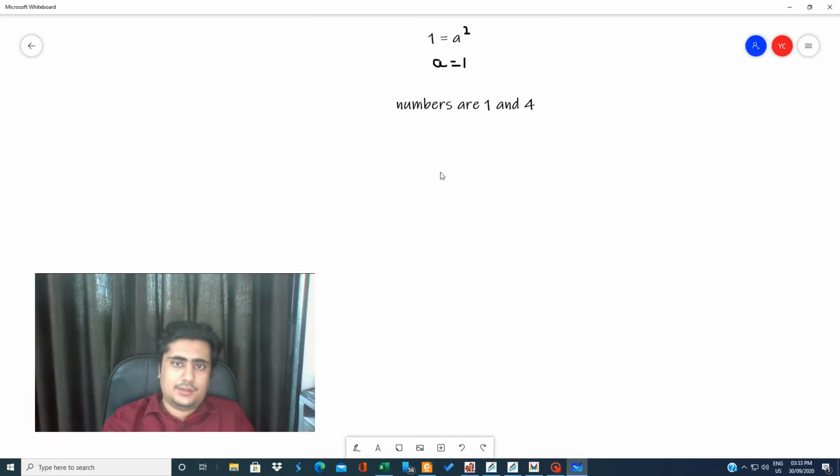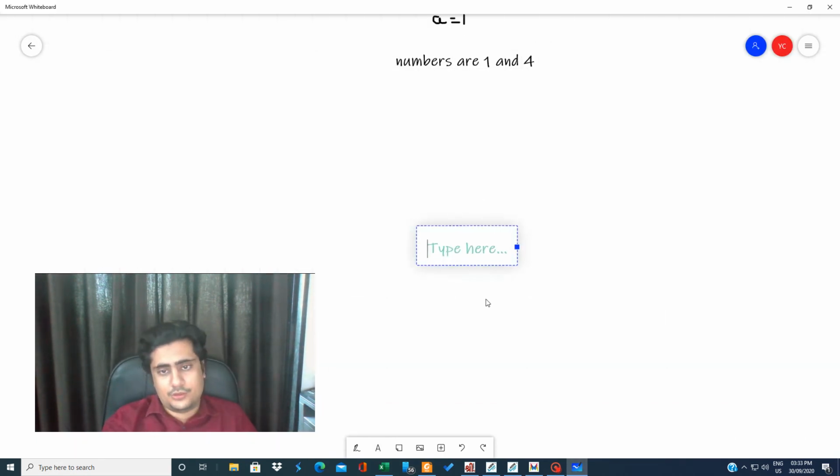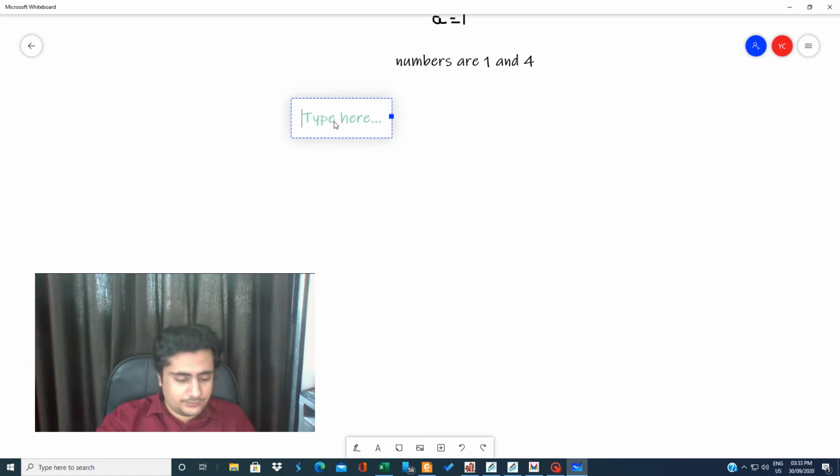So let us solve this question. Illustration 14. What is the question?